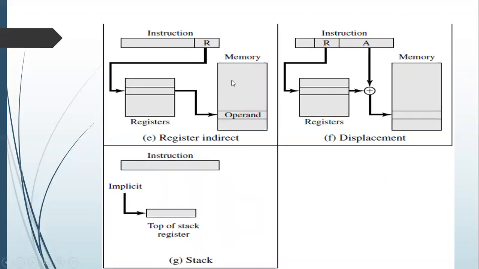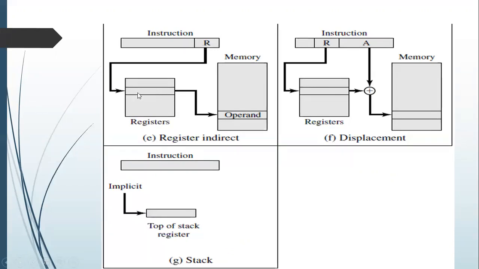Now again the same thing, register indirect addressing mode. In this specified register, you will get the address from which you have to fetch your operand. Let's say we have specified the second register, and in the second register we have the address, let's say, 500.